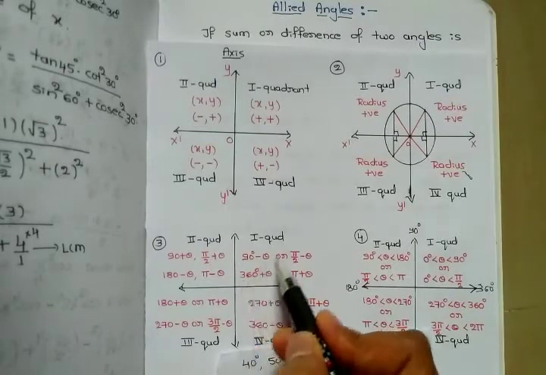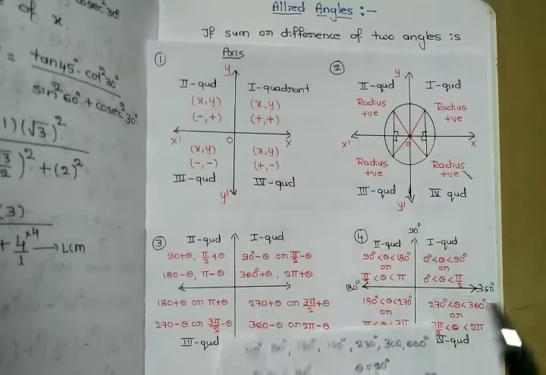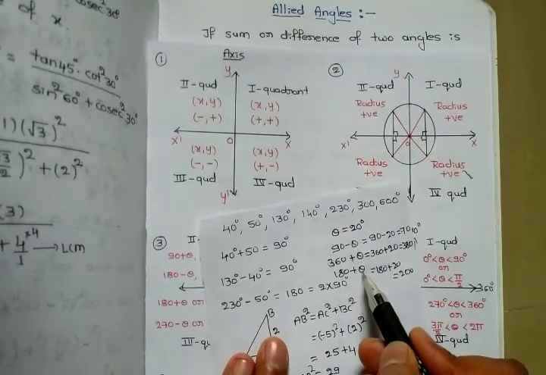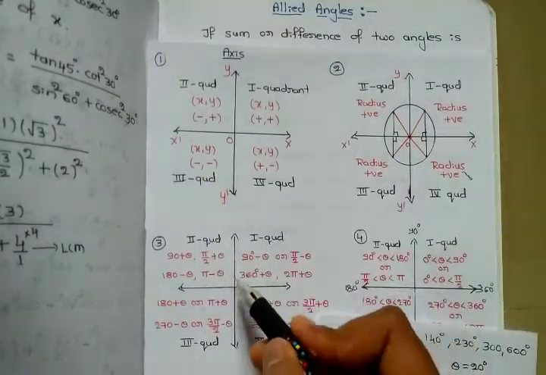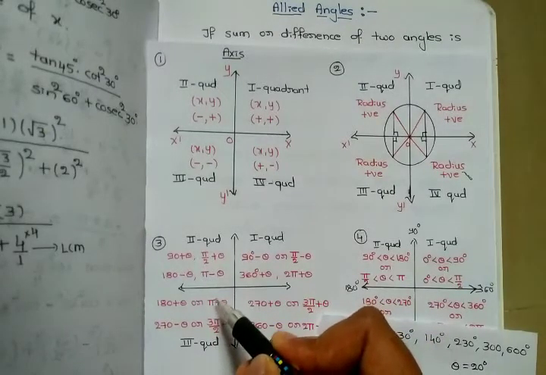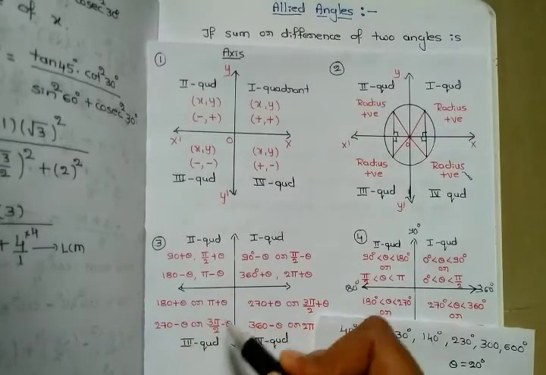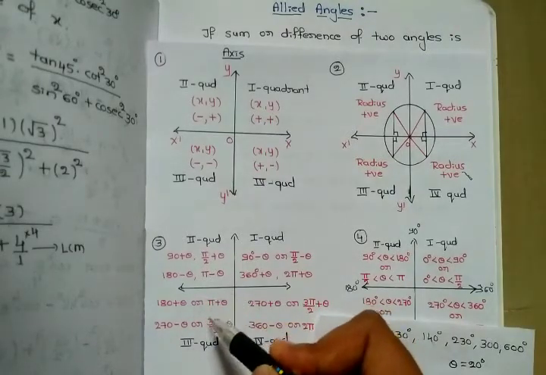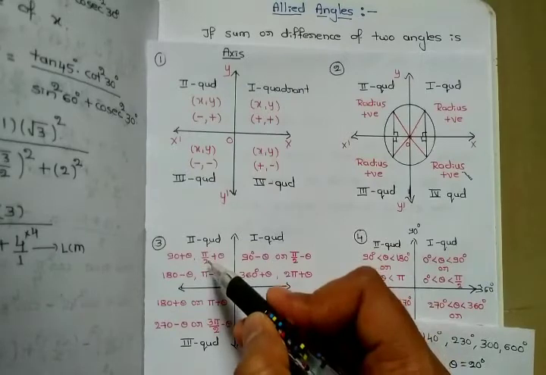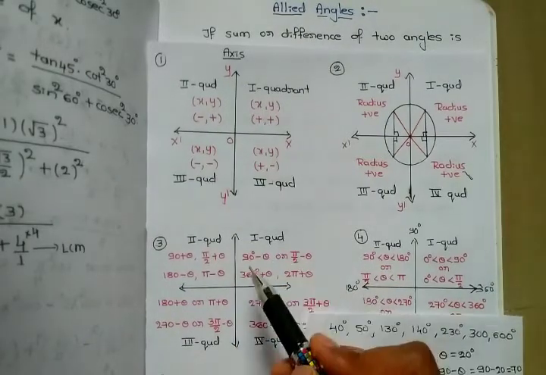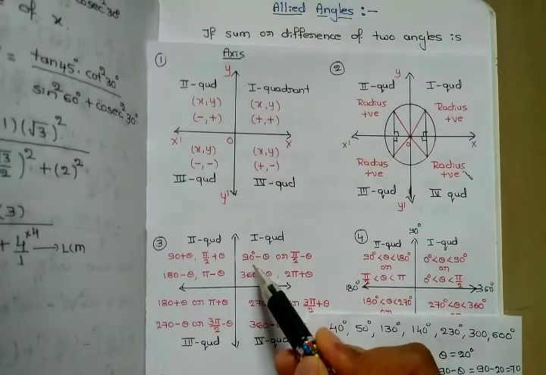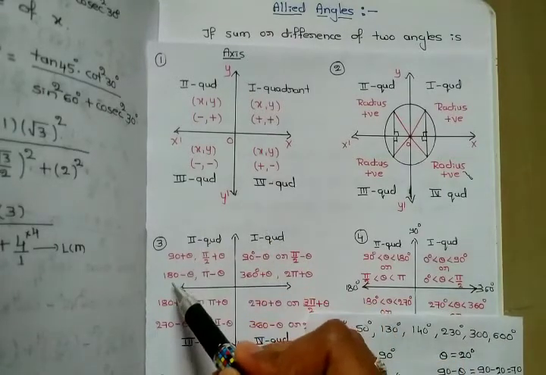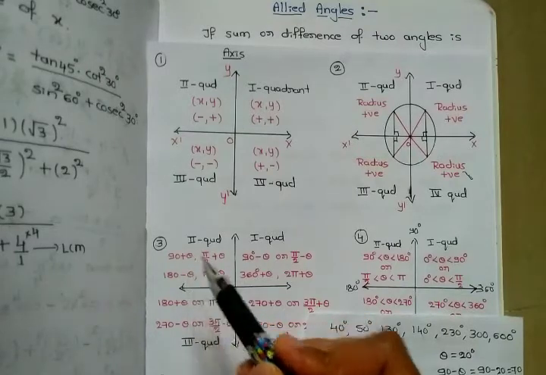It lies again in the first quadrant only. Next, 180 plus theta I have taken. 180 plus 20 means 200 degree. So till here 200, till here 180. Next, 200 will go always in the third quadrant only, not in fourth, not in second. That's why remember 90 minus theta, 360 plus theta always lies in the first quadrant. 90 plus and 180 minus lies in second quadrant.